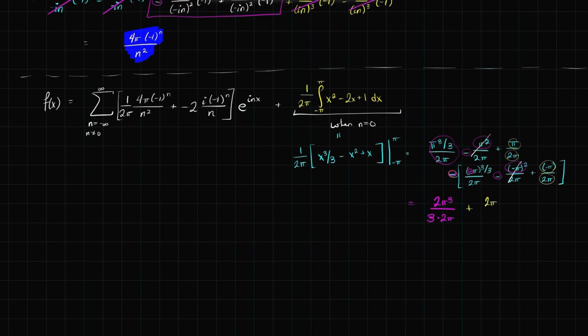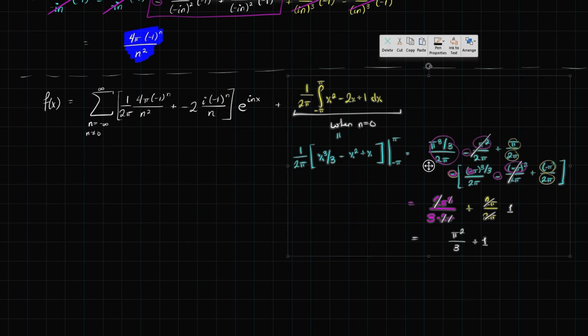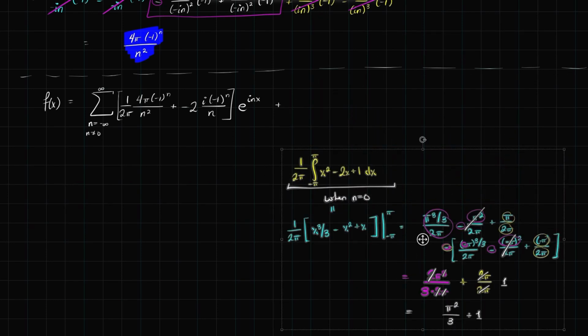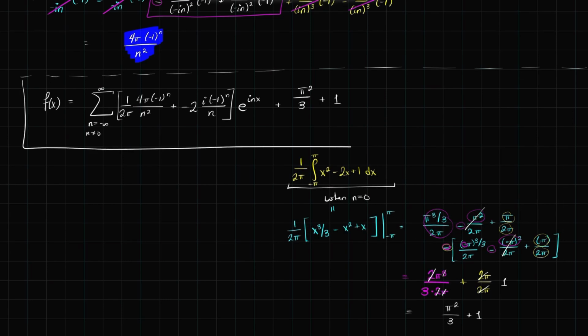I have plus 2 pi over 2 pi. And this will all together give me, once I cancel the 2's and one copy of the pi's there, I end up with pi squared over 3 plus 1. So that means that this entire term, when n equals 0, can just be replaced with my result, pi squared over 3 plus 1. This is the Fourier series for my function x squared minus 2x plus 1.